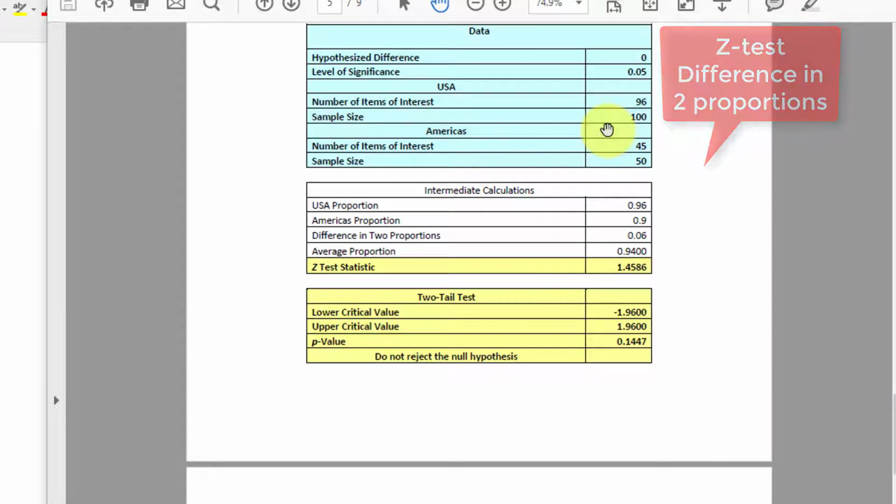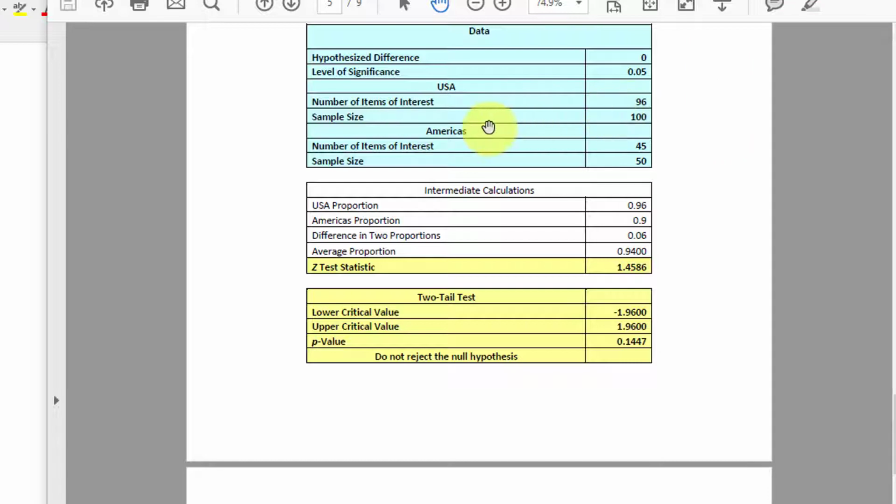He took his numbers and put in the items of interest, which is 96 for USA, sample size 100, items of interest for Americas 45 out of 50, and runs the test and shows that the p-value is 0.145, which is greater than 0.05, therefore you don't reject the null.